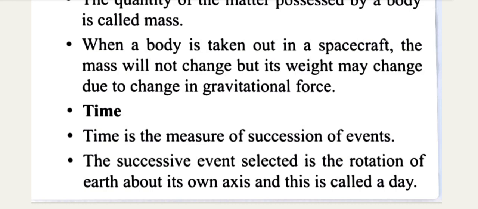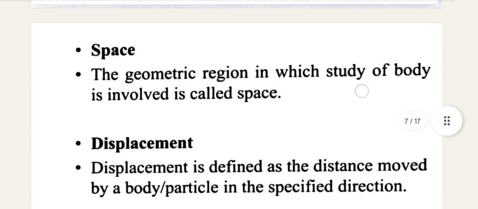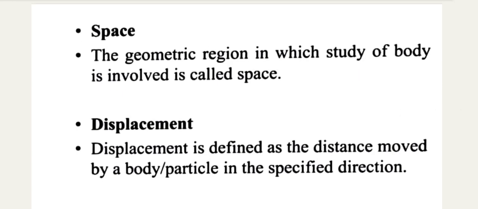The successive event selected is the rotation of Earth about its own axis, and this is called the day. Next one is space. The geometric region in which the study of a body is involved is called space.